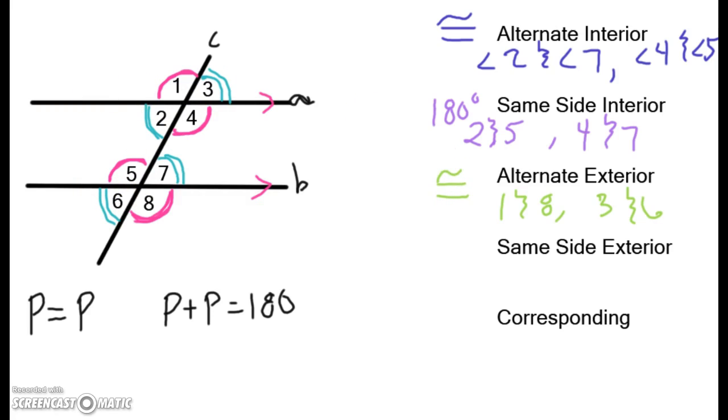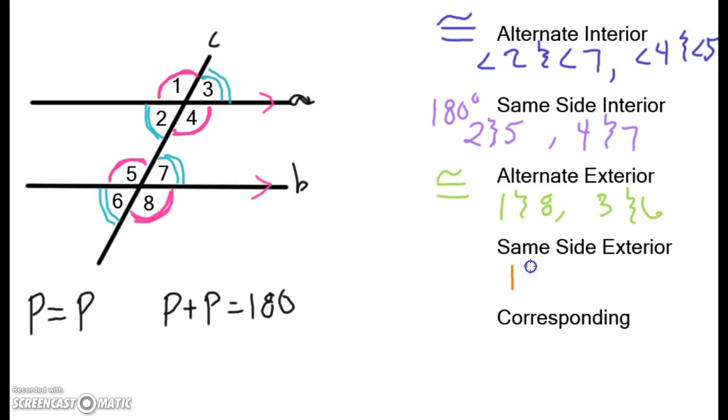All right, let's look at another one. Same side exterior. So they're on the same side of the transversal, but outside of the parallel lines. So same side of the transversal, like 1 and 6, and outside of the parallel lines.